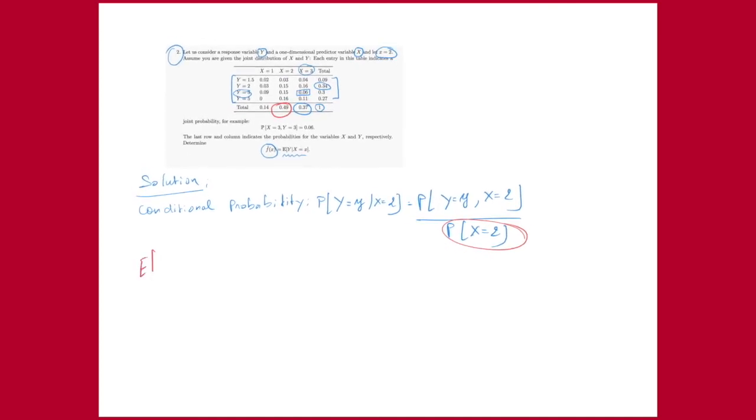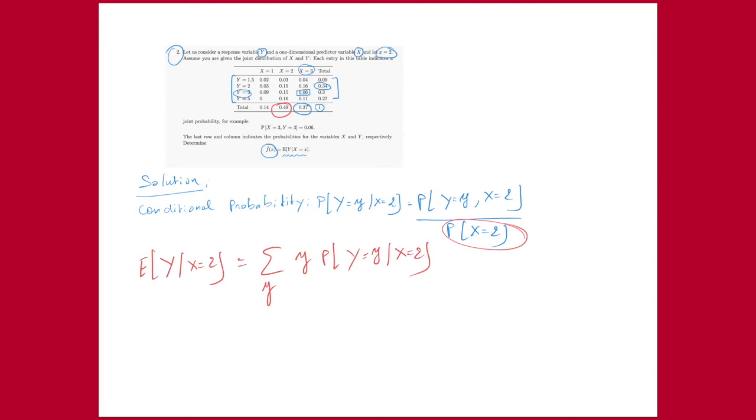So we have to think of these joint probabilities and write them as an expectation. If we write the expectation of y given x is 2, an expectation in a discrete setting is always equal to the sum over all the possible values of y. We take the value y, the possible outcome, times the probability that my response y is equal to y in a conditional sense.